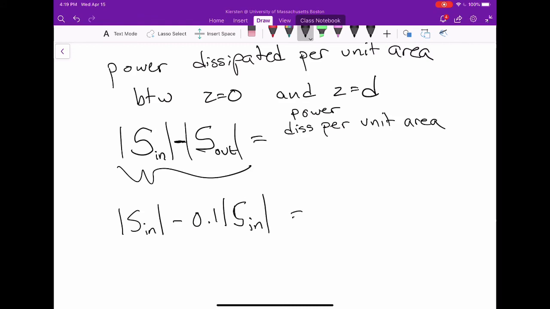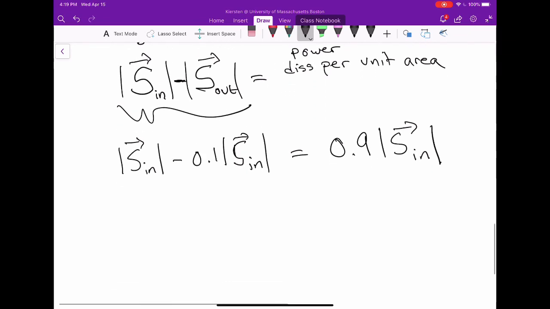So that just equals 0.9 times power in. I'm using these magnitude bars everywhere because Poynting vectors are in fact vectors. So they're real, but they have a direction, and they're all pointing in the same direction, so we really only care about their amplitudes.